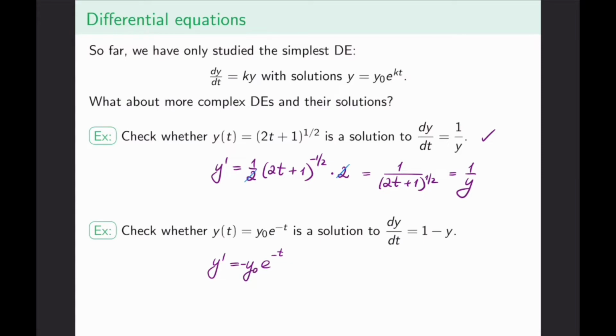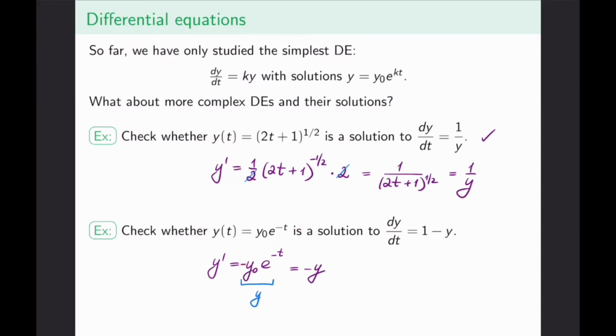Now, what does that actually tell me? This expression I've already seen before. This is the same as this expression here, which is equal to y. So what I have in this case is that y prime is actually equal to minus y. Again, that is because this entire expression is simply y, and then I have an extra minus in front.